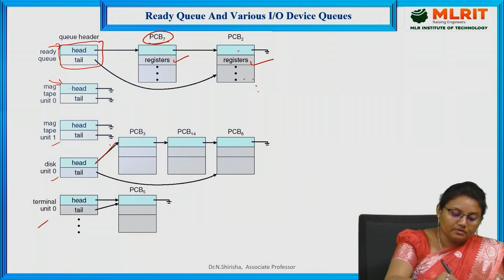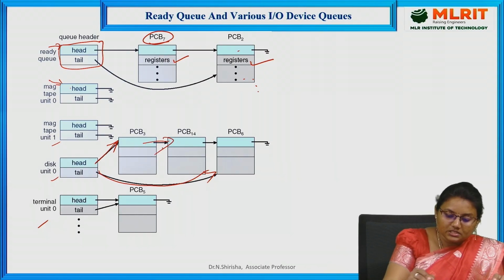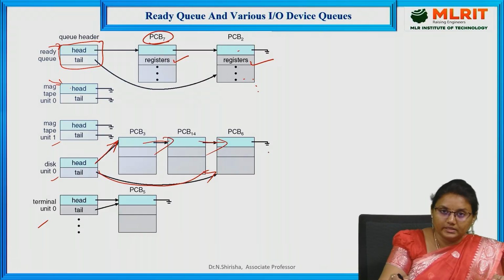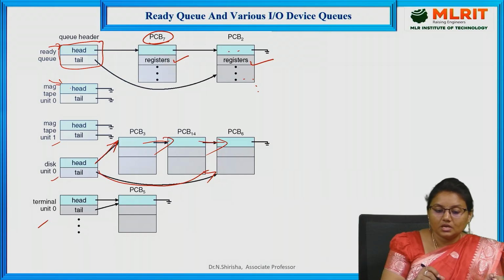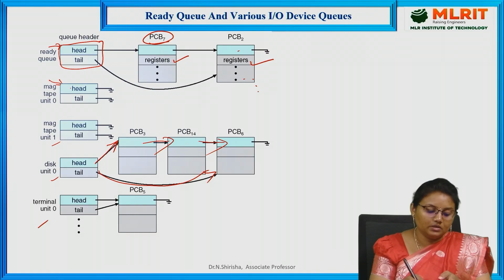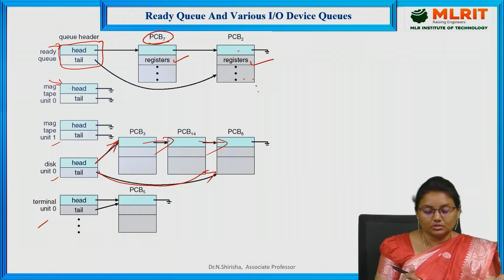Every process will have its PCB. Now this chain shows how one PCB is linked to the other PCB. This is how the ready queues are all related, and it shows the complete information with respect to the process control block.